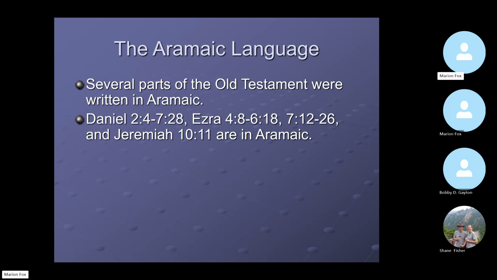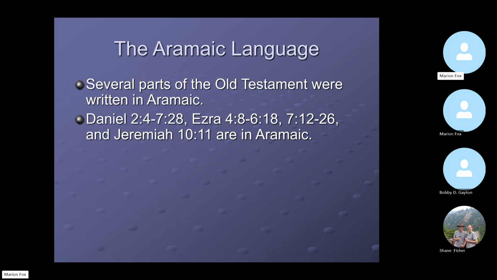When I go through Daniel, I explain why. I think it's because a lot of the text of Daniel 2:4 through 7:28 was being used to educate the people in the empire that weren't Jews regarding God's prophecies, to make them believe in the true God. And most likely that's my theory.